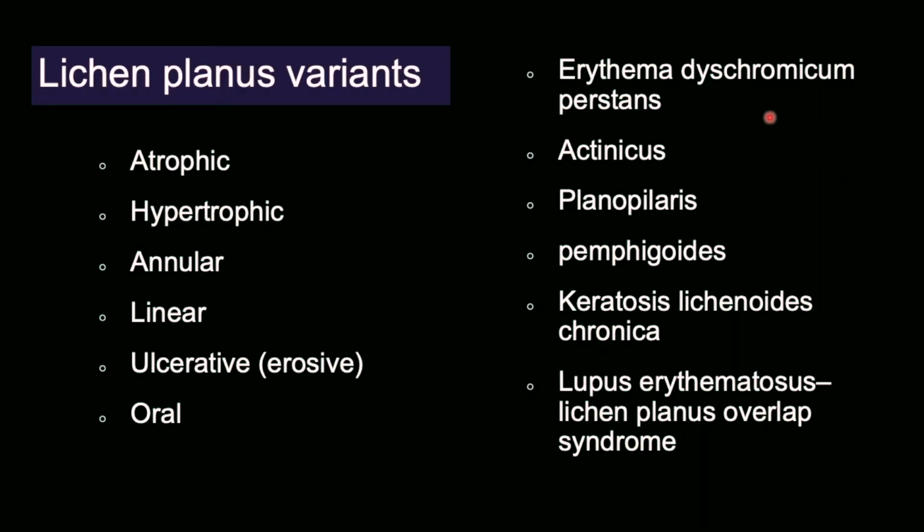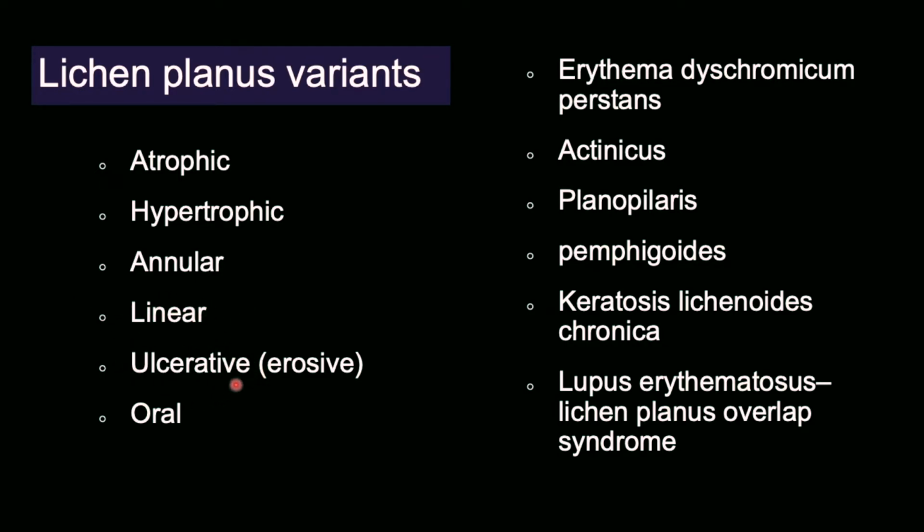So there are many variants of lichen planus. We will not be able to cover all of them, but try to tie the name to the variant. So in atrophic, it means the lesion has some atrophy. In hypertrophic, basically the lesion is hypertrophic. Annular, the lesion looks circular. Linear looks linear.